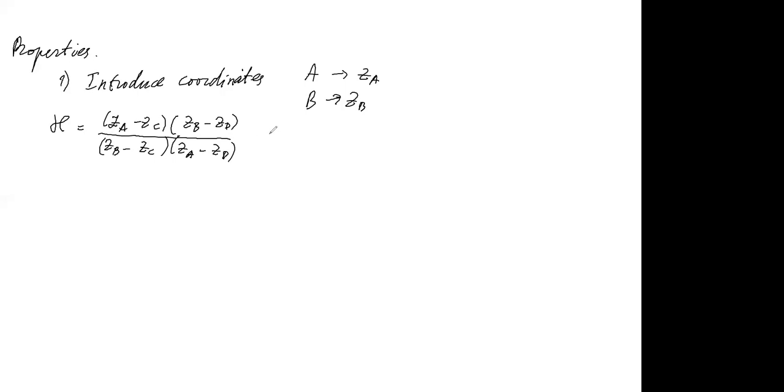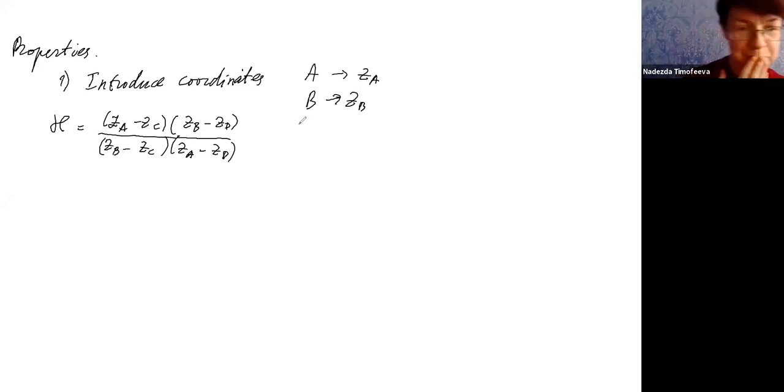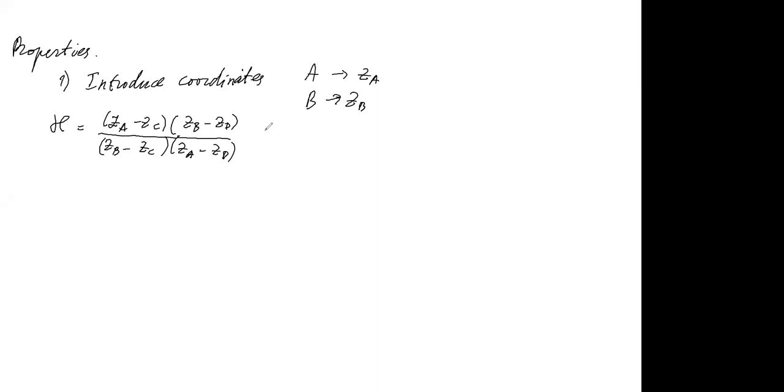That's one thing. Next, we also observe that since this cross ratio is invariant with respect to projective transformations of the straight line, we can projectivize everything.